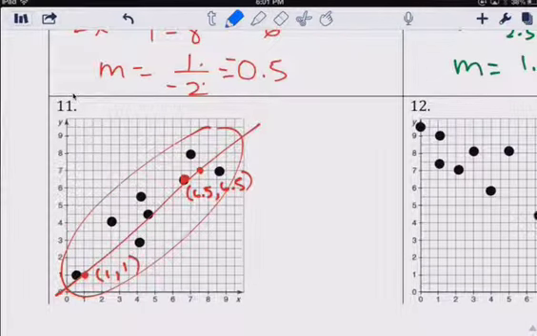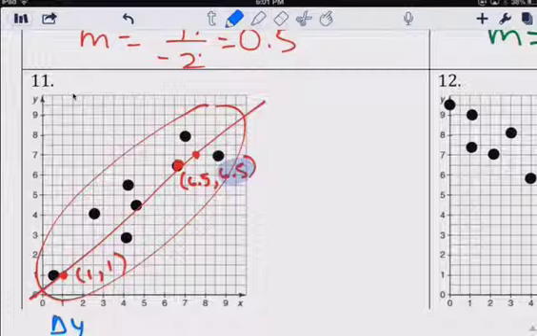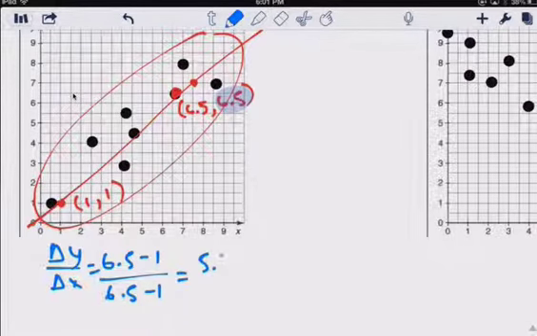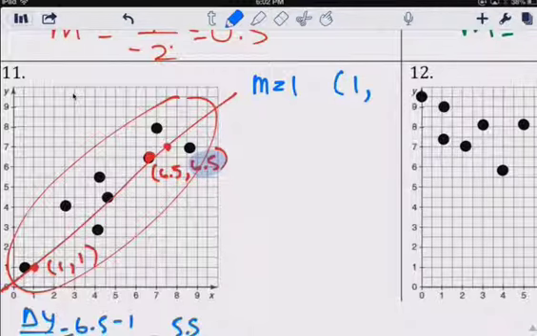Alrighty, change in y, 6.5 over the change in x, 6.5 minus 1, we got 5.5 over 5.5, m equals 1. Hey, we'll use (1, 1). M equals 1, and we'll use (1, 1).